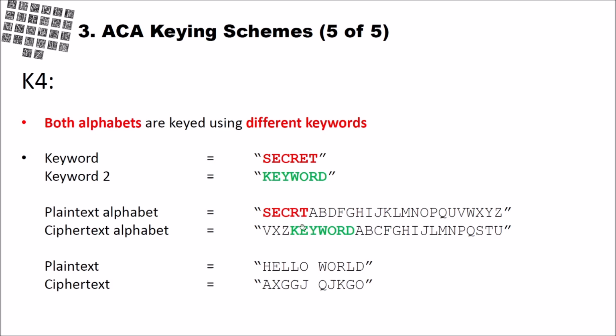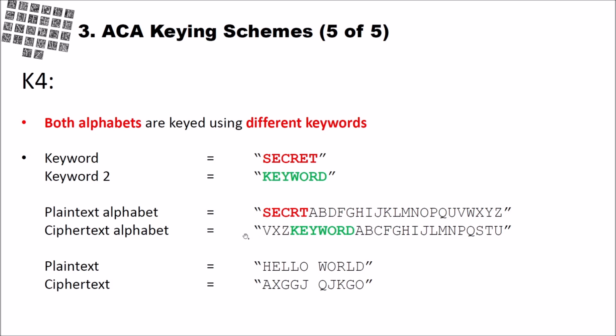And now in the ciphertext alphabet, we use the second keyword. We write it at an offset, for instance 3, keyword. We removed the double letters. Luckily for us, keyword itself has no double letters or occurrence of the same letter twice. Then we write the second alphabet after the keyword wrap around, and now we have our ciphertext alphabet.